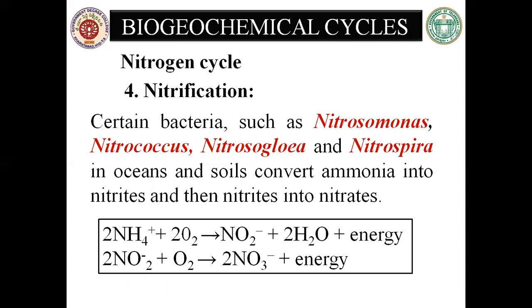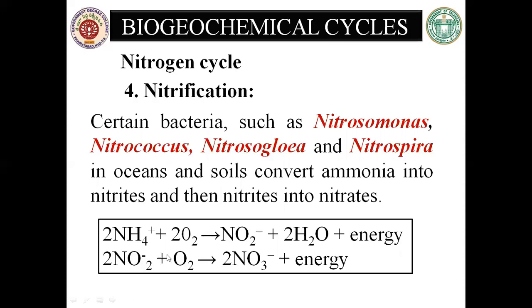Fourth step is nitrification. Certain bacteria such as Nitrosomonas, Nitrococcus, Nitrosogloea, Nitrospira, Nitrobacter, etc., which are present in oceans and soils, convert ammonia, which is released through ammonification, into nitrites and then nitrites into nitrates.